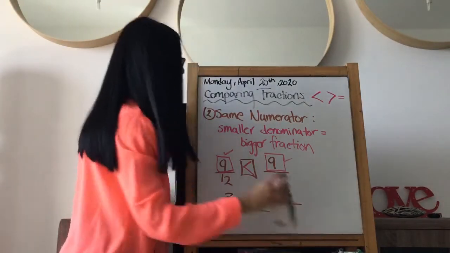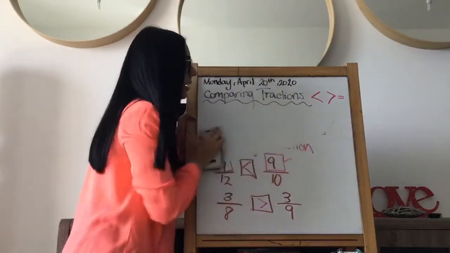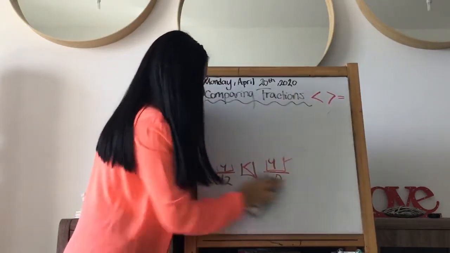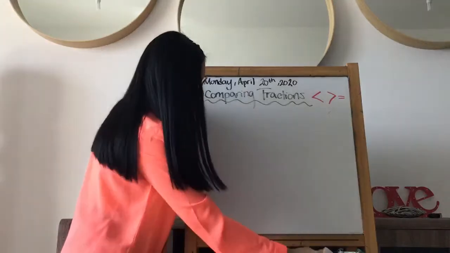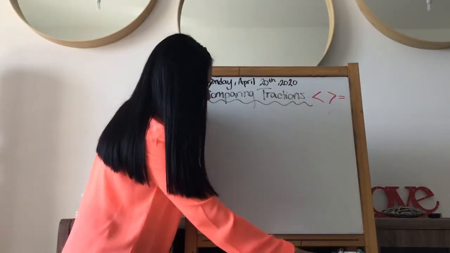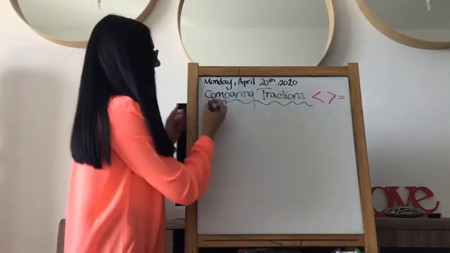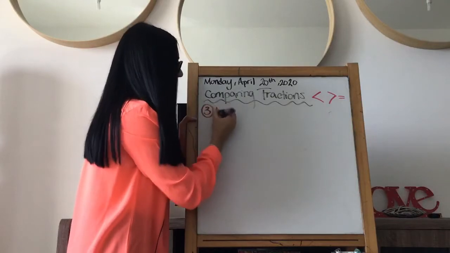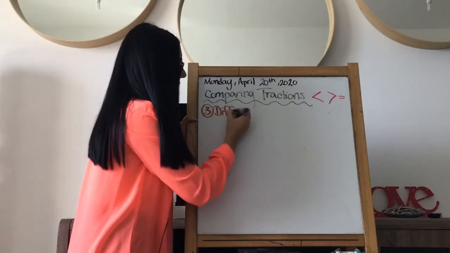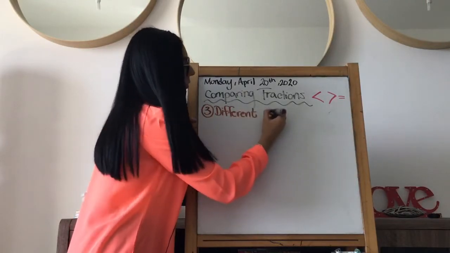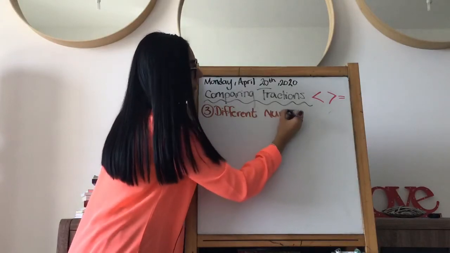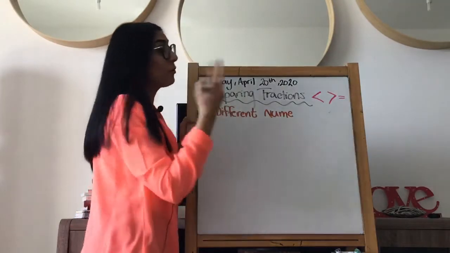The last situation, which always requires a little bit of work, not hard work, but you know how to do it, is the following. The third situation is you have different numerator and denominator. Now both are different.